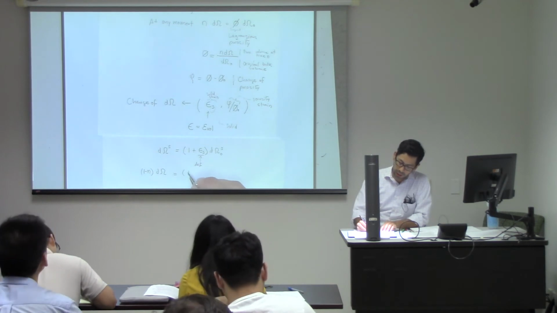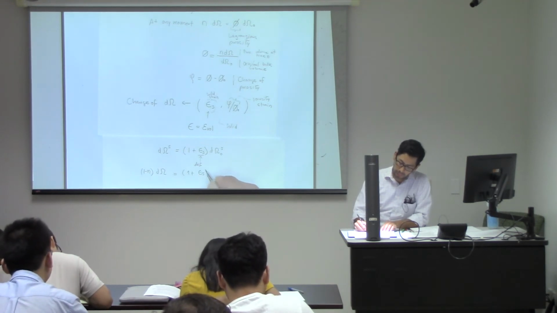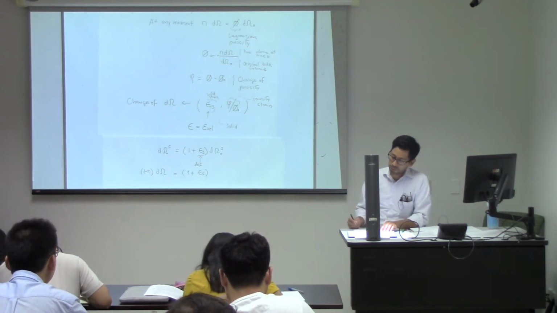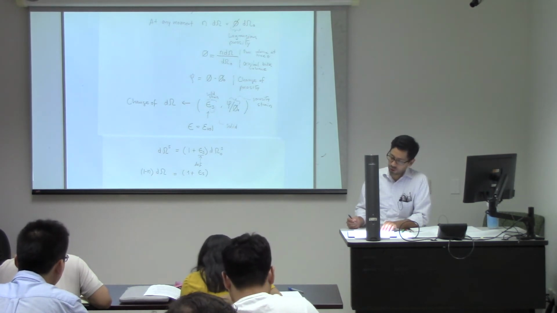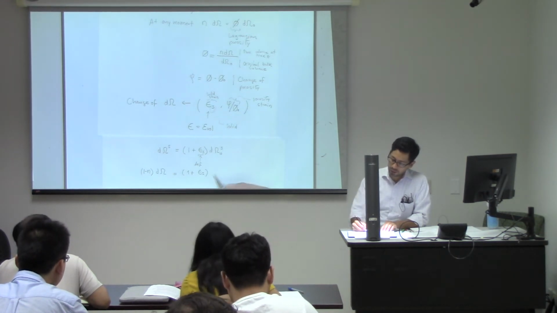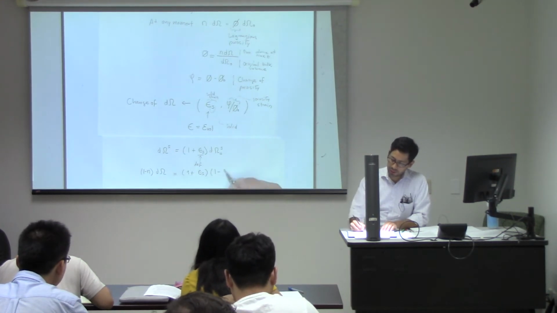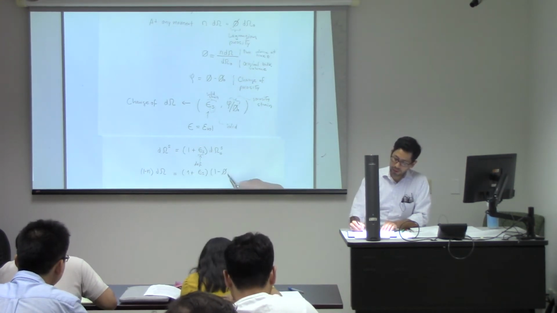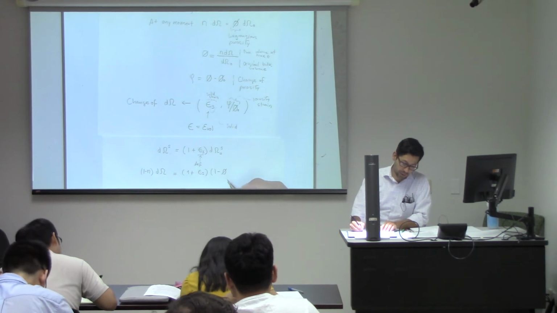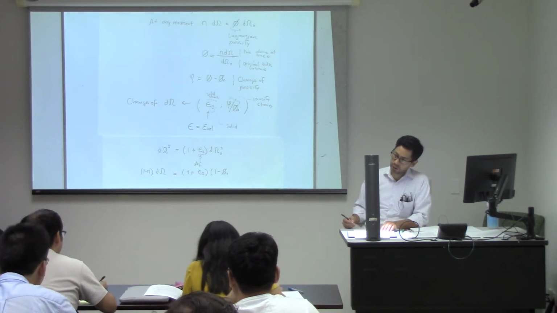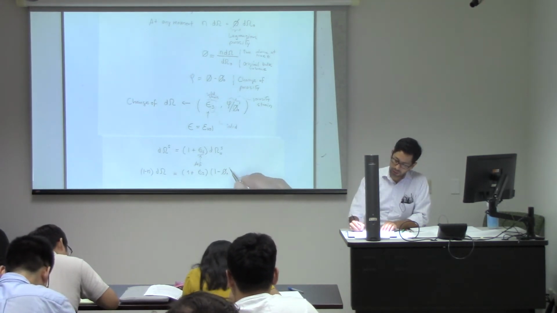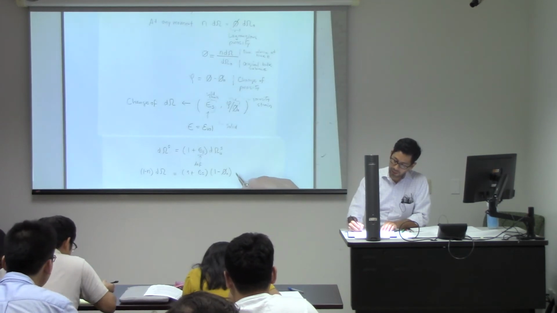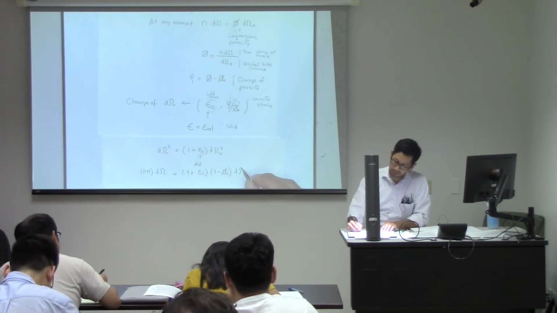This is just the same. And the volume of the solid at time 0 is going to be 1 minus Lagrangian porosity. And further, this is going to be the original porosity, Lagrangian porosity, times the bulk volume.